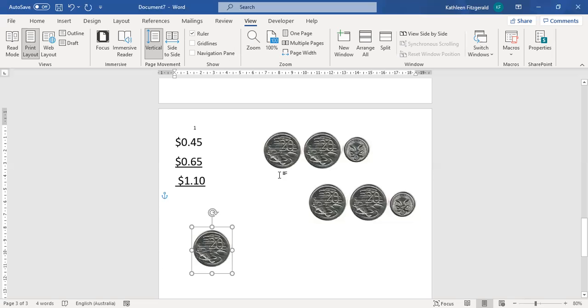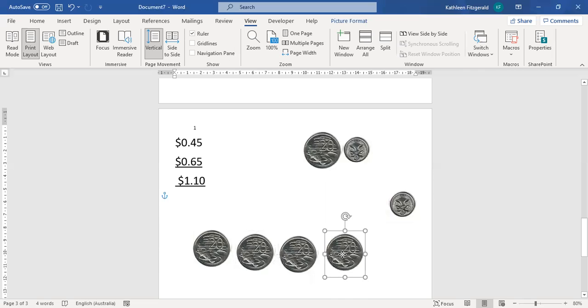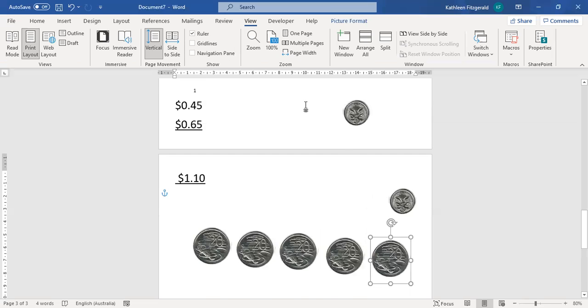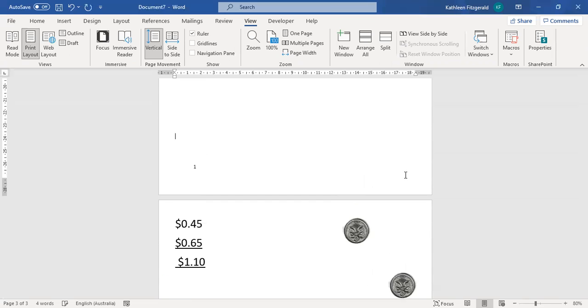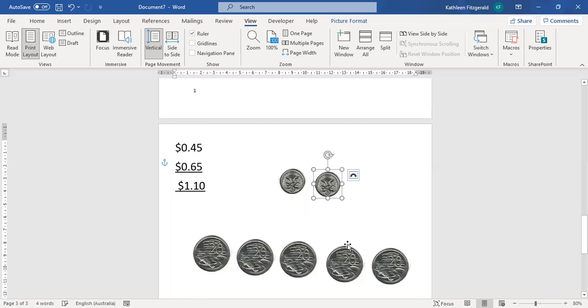We would take our 20 cents and put them all together so that we have got 5 lots of 20 cents, which is $1, because 5 20s are 100, so 5 20 cents are $1. And then we've got our 2 5 cents, which are our 10 cents. So there we've got $1.10.